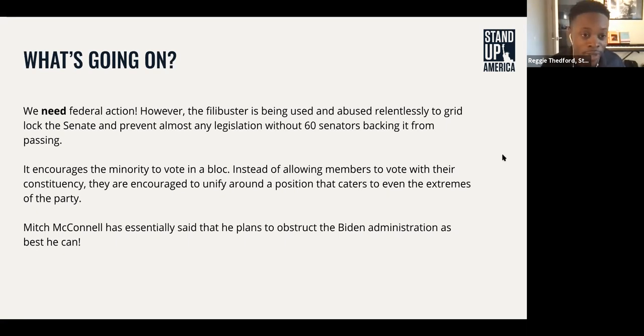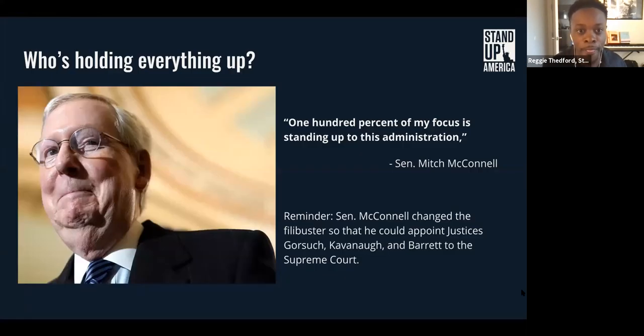And Mitch McConnell has essentially said that he plans to obstruct the Biden administration as much as he can during this term. I also want to take the opportunity to touch on the unrepresentative nature of the Senate chamber. Representation in the Senate is based on statehood rather than population.